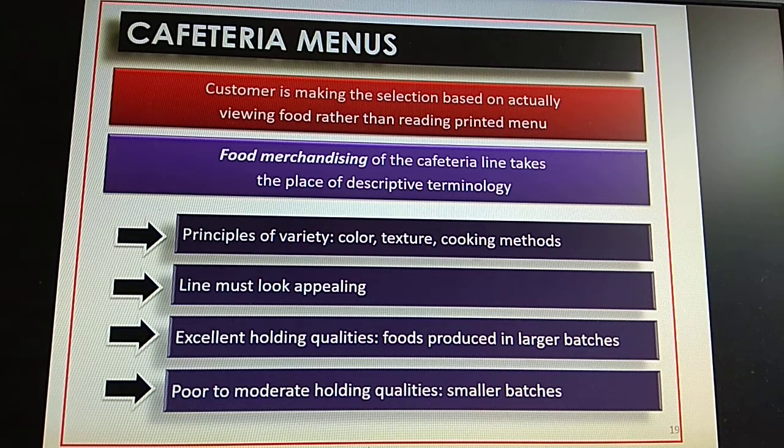Foods are produced in larger batches, so hot food should be served hot and cold food should be served cold. Don't serve hot foods in a cold manner, as that is not good holding quality. Poor to moderate holding qualities basically refer to small batches of cooking, but for excellent holding qualities, larger batches are much more important.